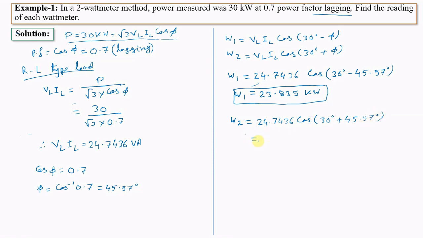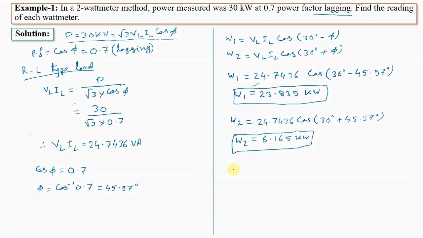After solving, the value of W2 will be 6.165 kilowatt. So the reading of W2 is 6.165 kilowatt.